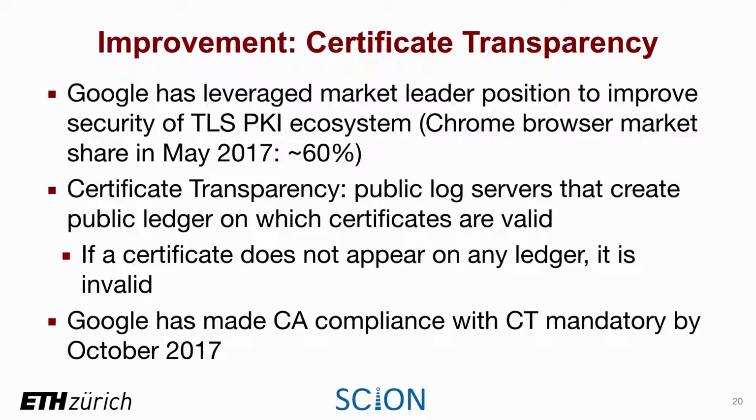What certificate transparency adds is essentially public log servers that create a public ledger on which all valid certificates are being logged. If a certificate does not appear in any ledger, it is considered to be invalid. Google has made CA compliance with certificate transparency mandatory by October 2017. So this is really a huge advance over the current state of the art, and it's a really great system.